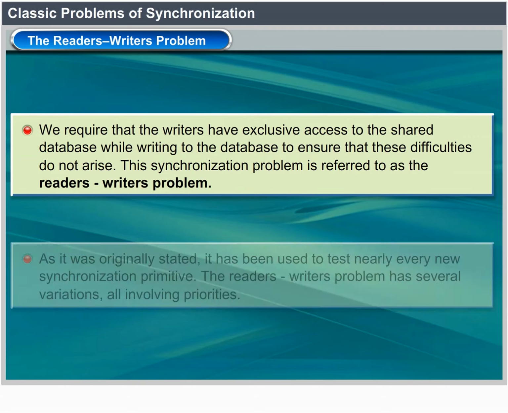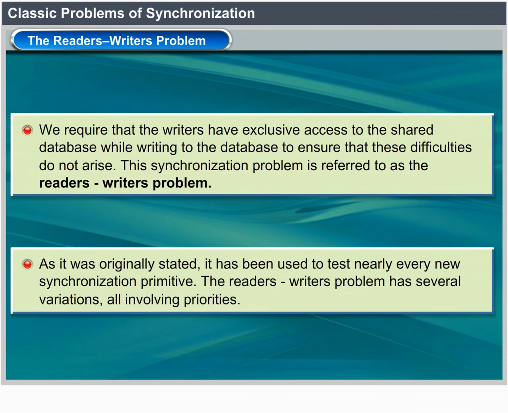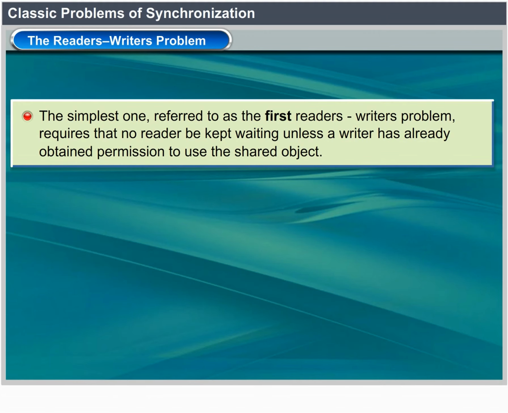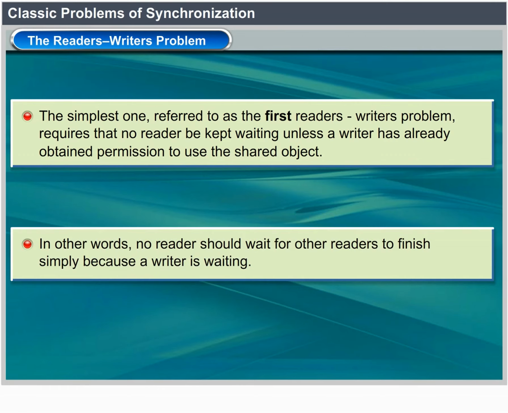Since it was originally stated, it has been used to test nearly every new synchronization primitive. The readers-writers problem has several variations, all involving priorities. The simplest one, referred to as the first readers-writers problem, requires that no reader be kept waiting unless a writer has already obtained permission to use the shared object. In other words, no reader should wait for other readers to finish simply because a writer is waiting.